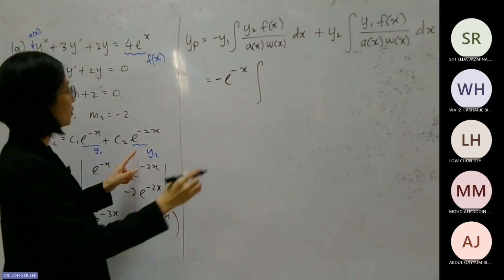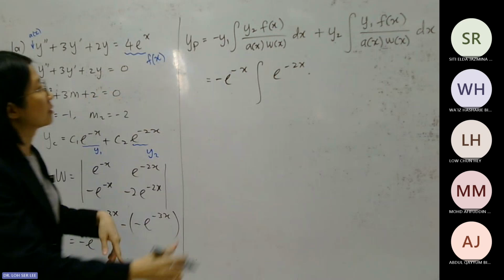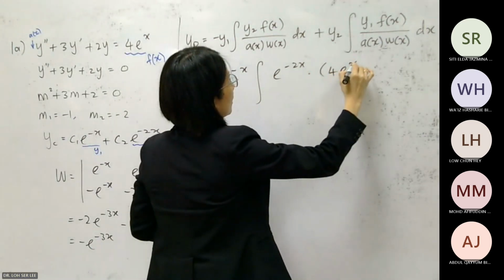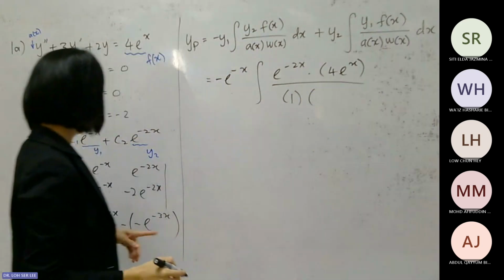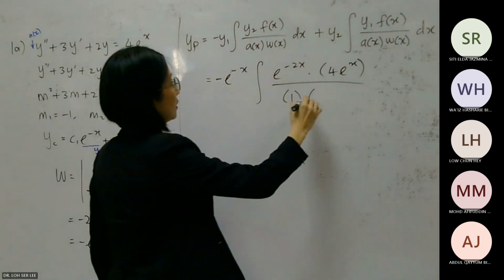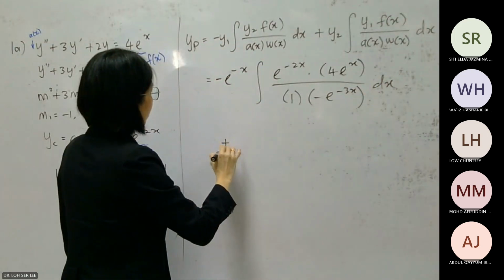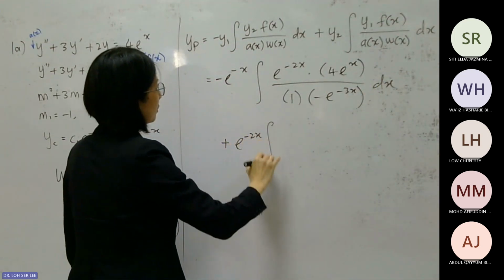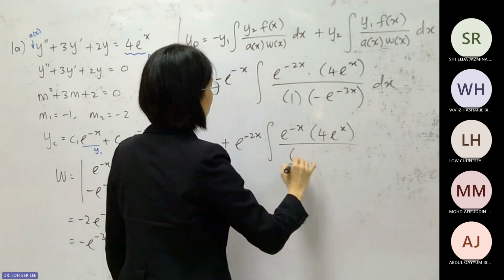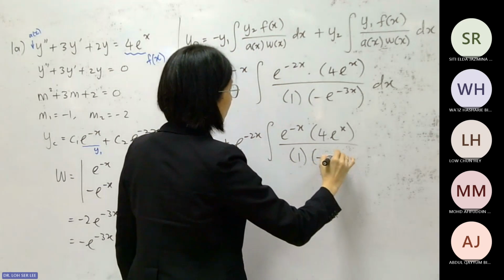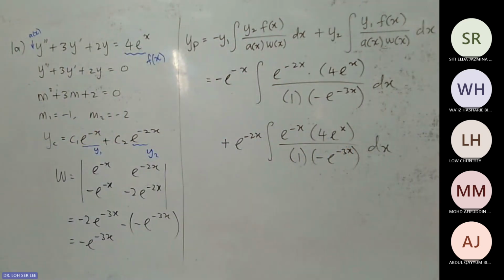This is your y1, this is your y2, f(x) over a(x) W(x), plus y2, y1, f(x), a(x) and W(x). Then you have this.